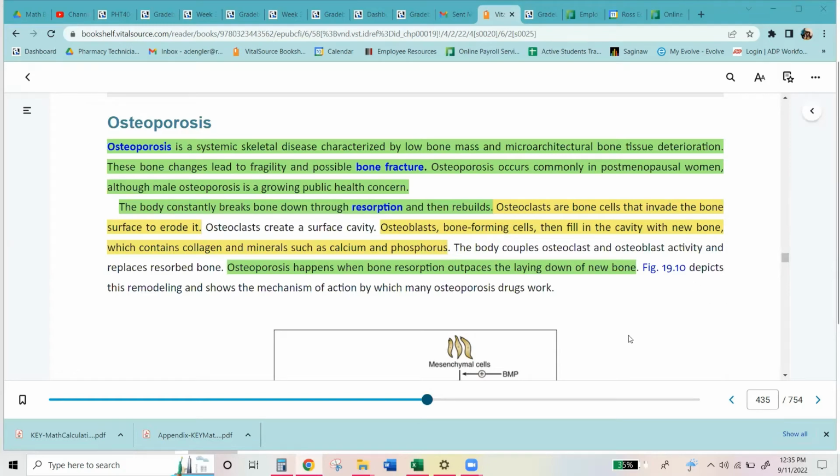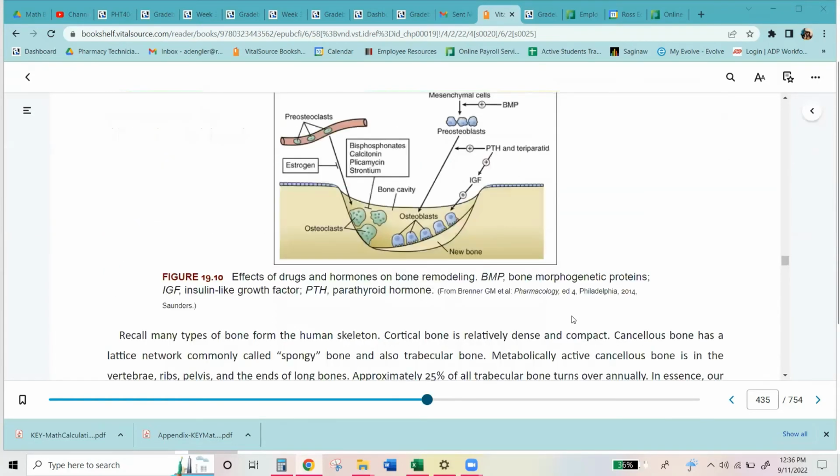Osteoclasts are bone cells that invade the bone surface to erode it. Osteoblast bone-forming cells then fill in the cavity with new bone, which contains collagen and minerals such as calcium and phosphorus. Osteoporosis happens when bone resorption outpaces the laying down of new bone.